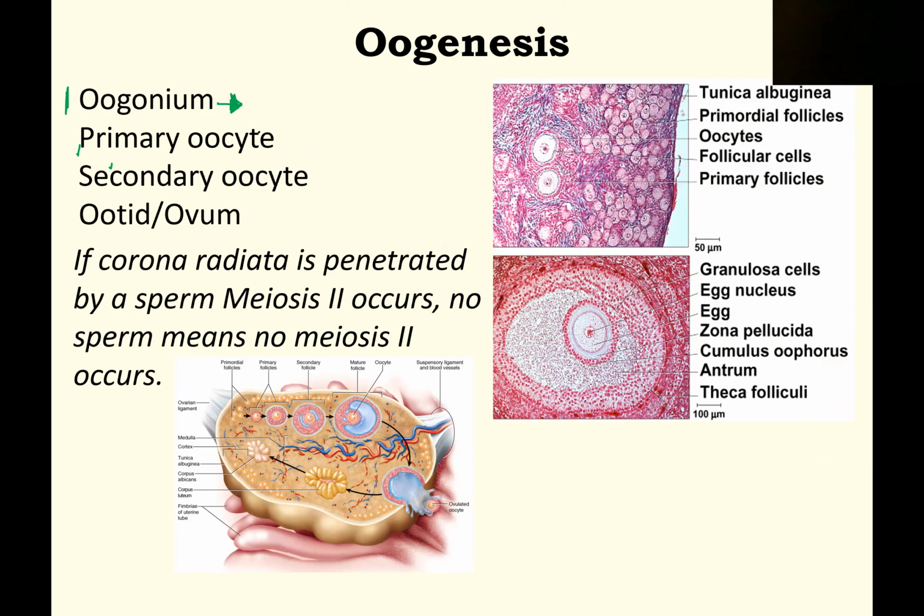So the oogonium is surrounded by the primordial follicle, which we see here. It has the diploid amount of DNA with single strands. Again, these are produced prior to birth.